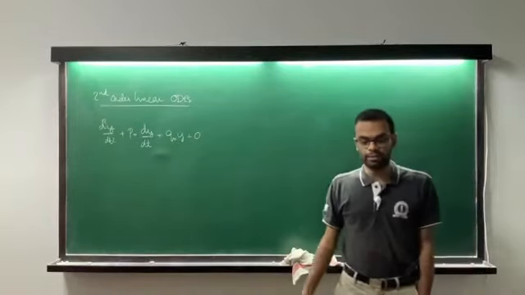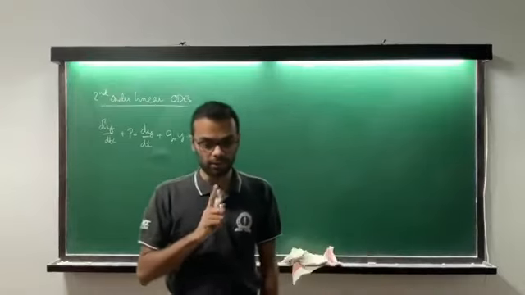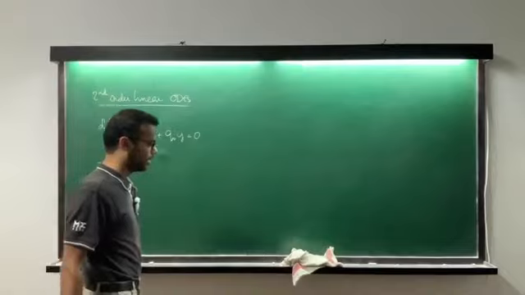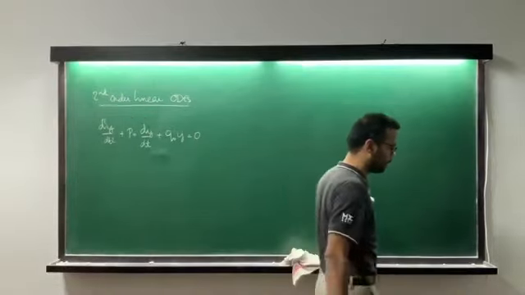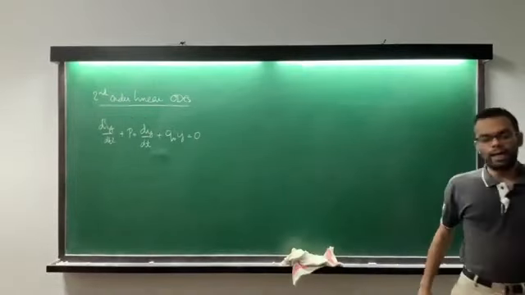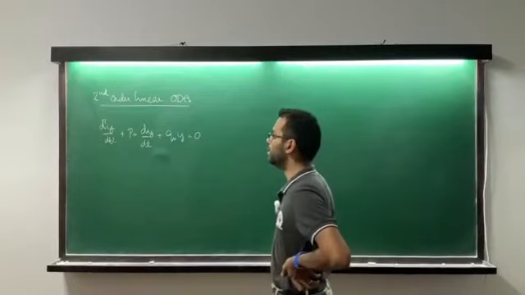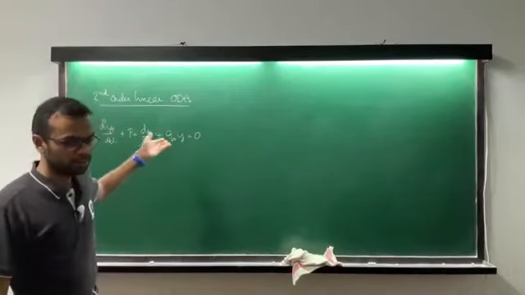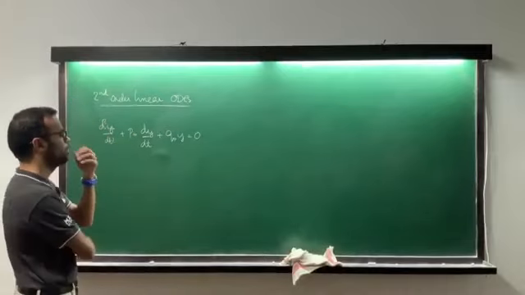Then you get two linearly independent solutions when r1 is not equal to r2. Remember, we said for r1 equal to r2 it becomes a little complex. We'll come to that condition a little bit later on today. And if you do that, then you get a general solution to this equation, which is C1 y1 plus C2 y2.